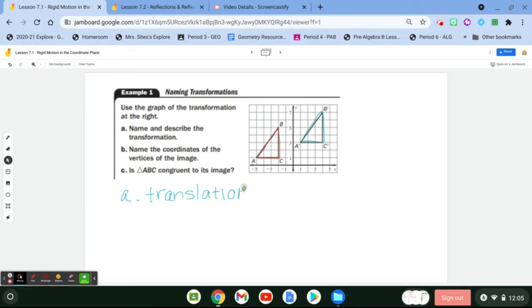To be specific, let's take a look at point A and count up and over how many units we went. If I slide up 2 units, I would get it on the same level as A prime. So we're going to say up 2, and then to the right, 1, 2, 3, 4, 5, 6 units right.